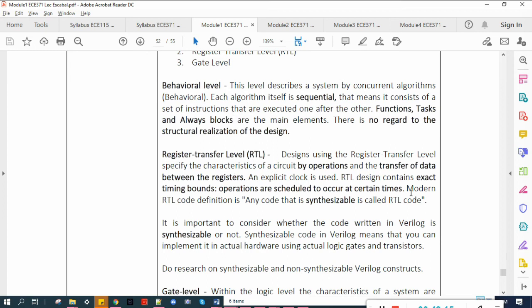So, over the years, the meaning of RTL has changed.